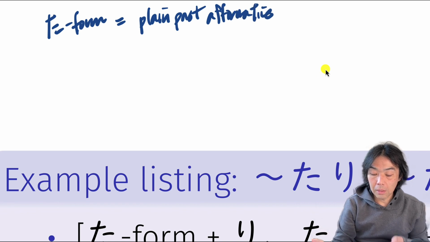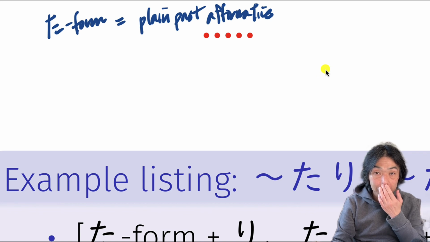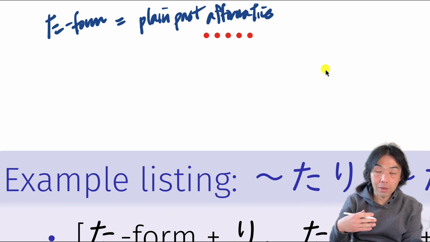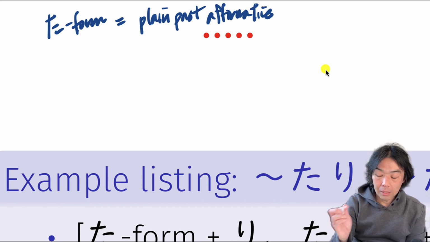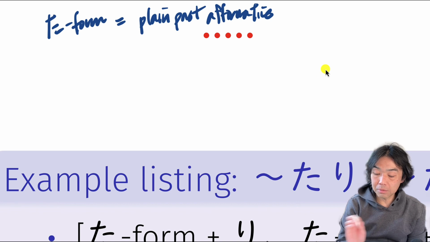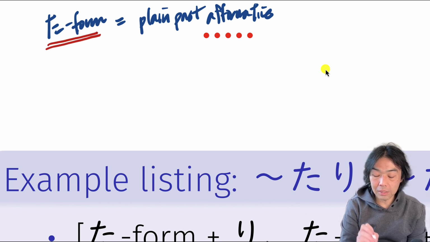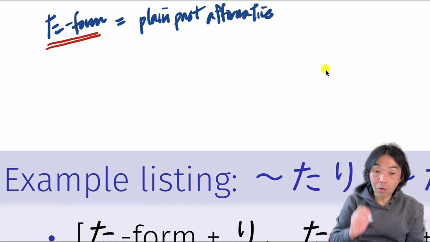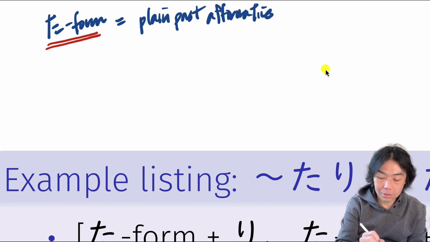So that is basically the plain form of the past tense. Okay. And it has a special name. So instead of saying plain past affirmative, it's called ta form because it sounds almost identical to te form. So that's why it's called ta form.